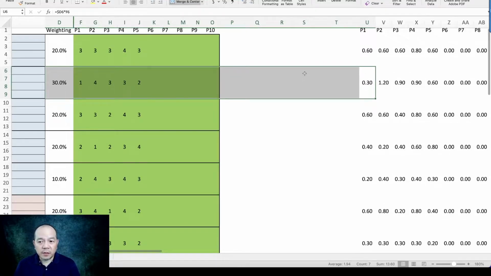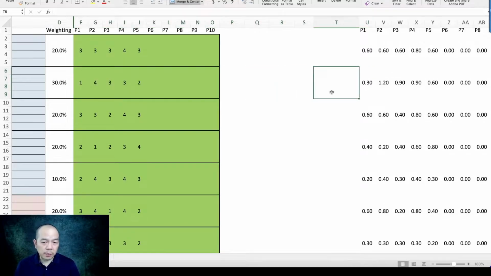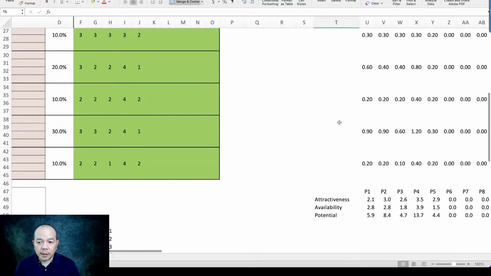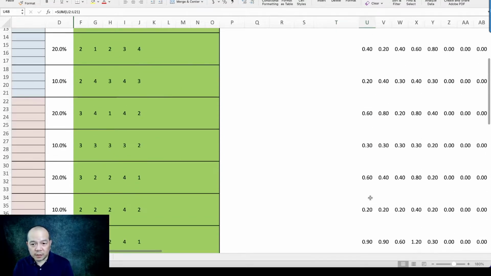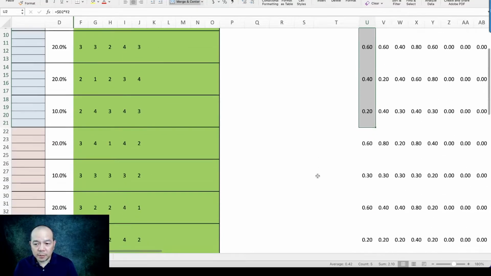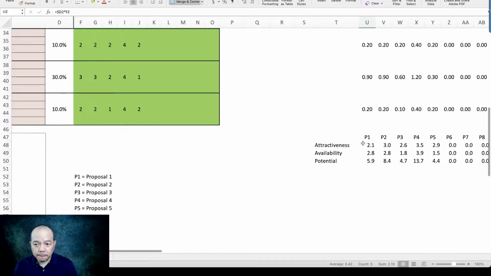So with all that said, now that I've got all the scores squared, tied up here, I go down to this section right here at the bottom, where attractiveness and availability, I take those numbers and I sum it up, right? So I sum up all the attractiveness here, and it gives me a number for project number 1.